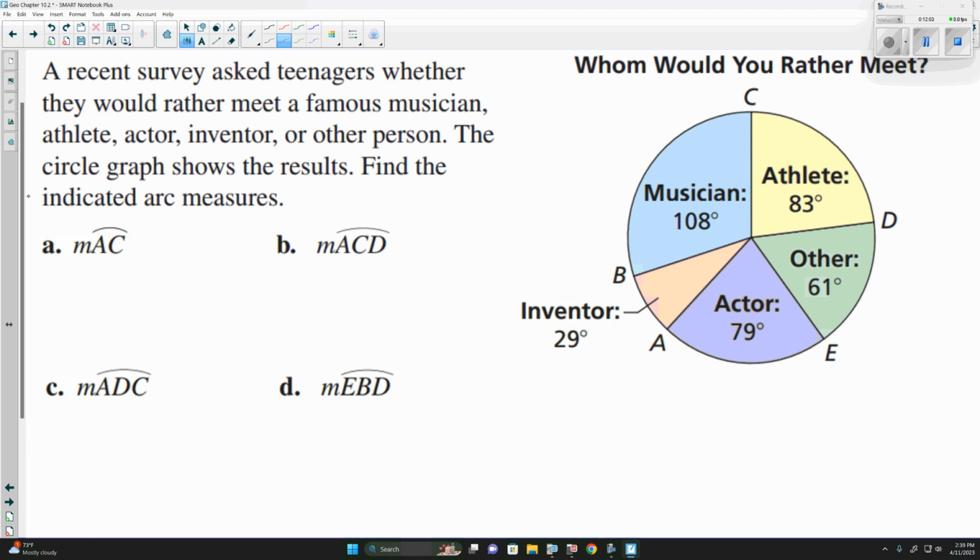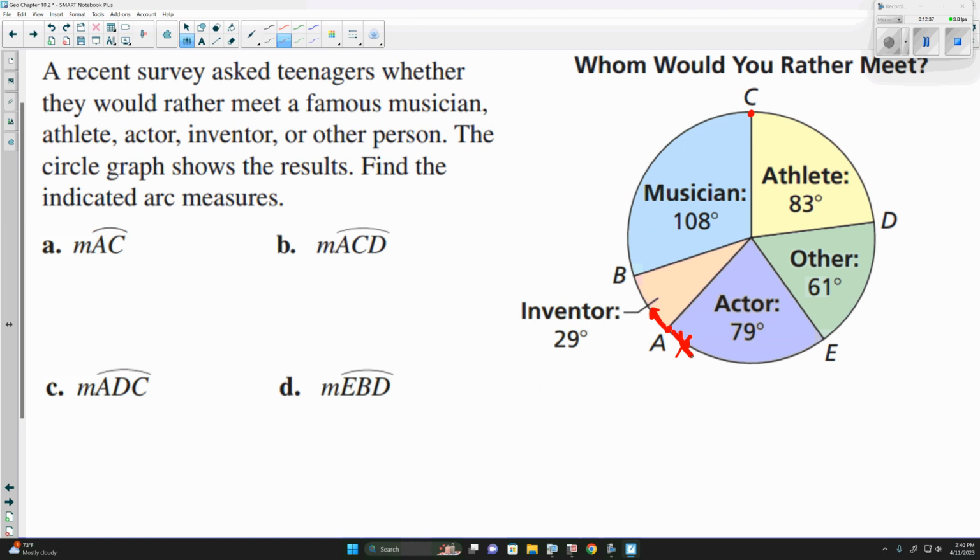So let's say AC. We're going from here to here, yes? Since we're given two letters, we always go the shorter distance, or the shorter measure around. Between these two, going this way or this way, we wouldn't go to the right of A because that's a farther distance to get there. The only time it doesn't matter which way is if we're straight across through the center, a diameter.